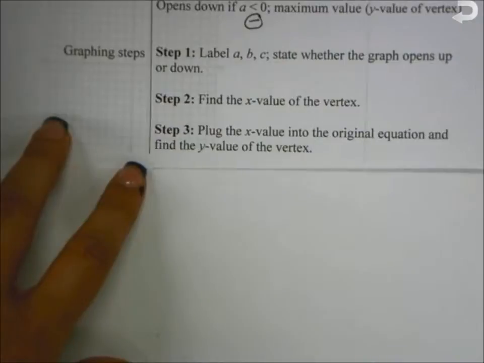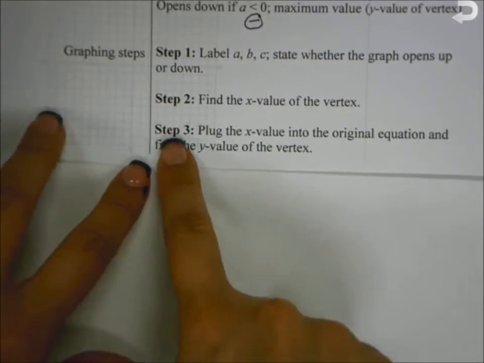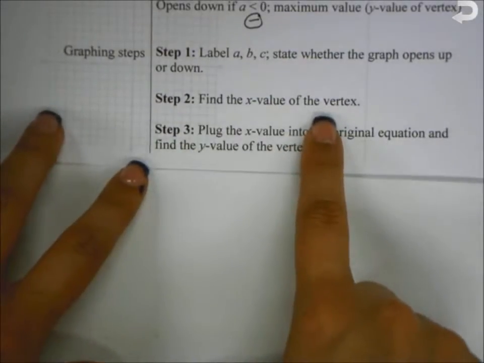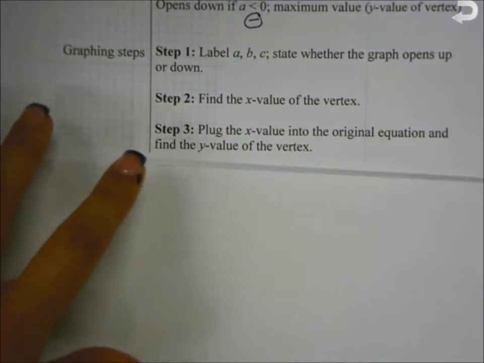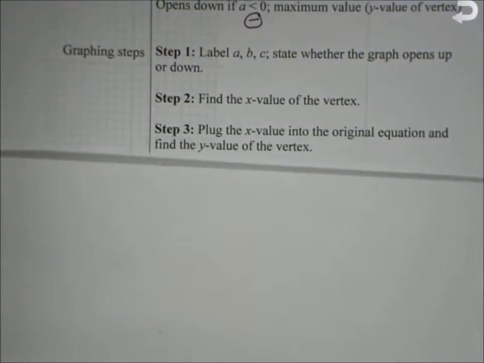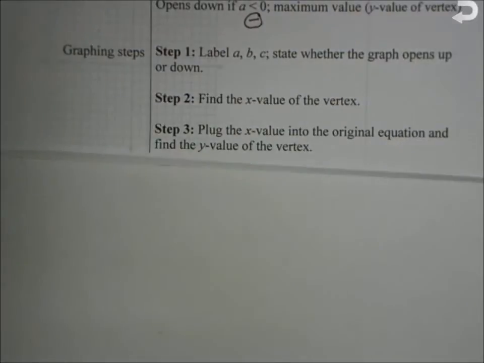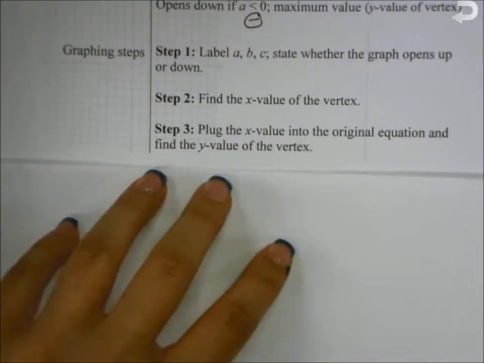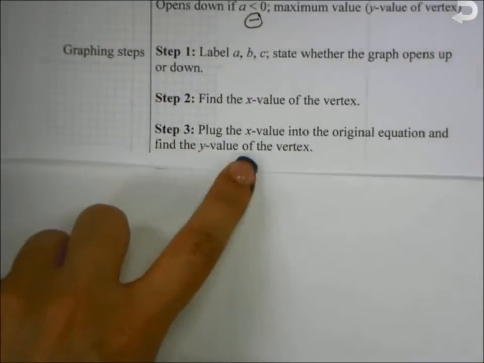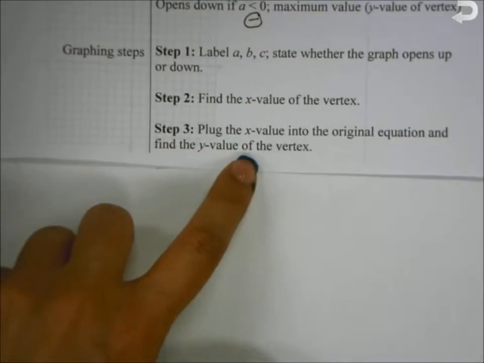Step 2, we find the x value of the vertex, so we use the equation x equals negative b over 2a. And step 3, we find the y value of the vertex by plugging the x value into the original equation.